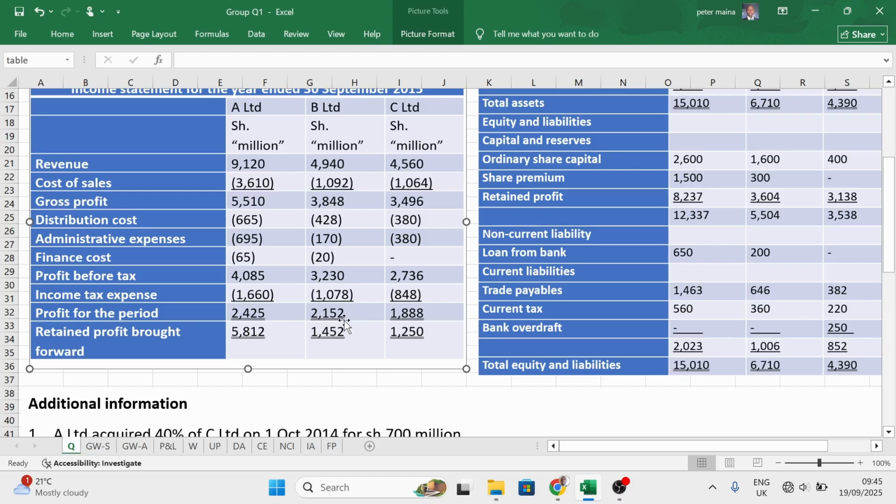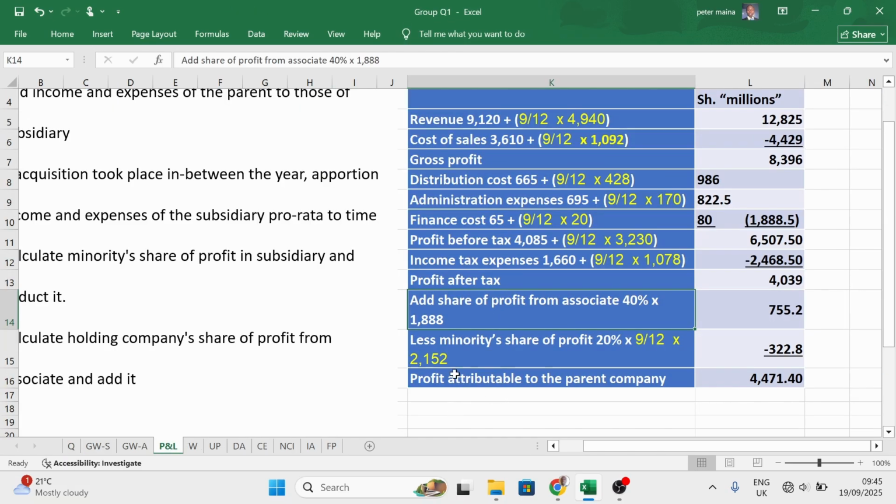So the minorities are going to claim 20% of this profit. So we go back to the profit and loss. The minorities will take 20% of 2150, and then they're going to apportion it according to the remaining number of months, because the minorities were there for 9 months since the time of acquisition. So this will give us 322.8, which we are supposed to deduct.